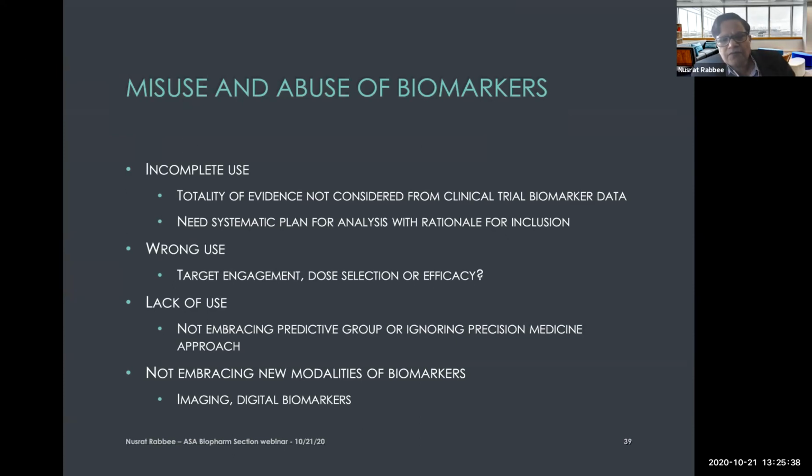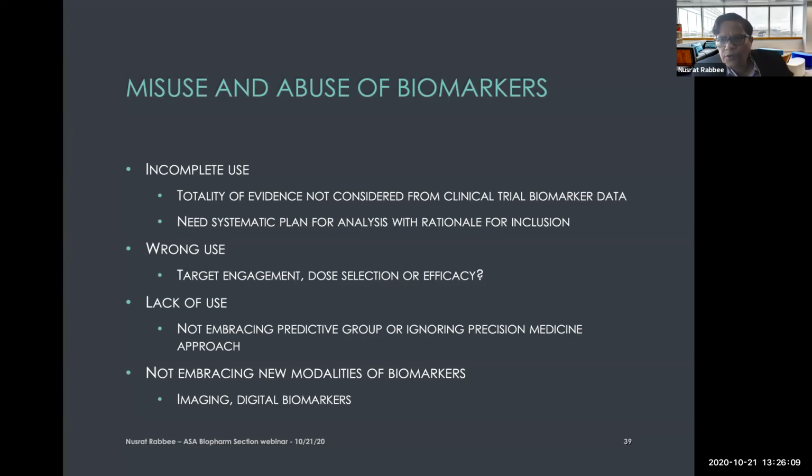There's also a problem of lack of use. So there, you could be, as a statistician, seeing that there is a group where the treatment is effective, but for some reason, the company is not embracing the predictive group, and they may be ignoring a precision medicine approach. But that's really where the industry is going in oncology, immuno-oncology, in cardiology.